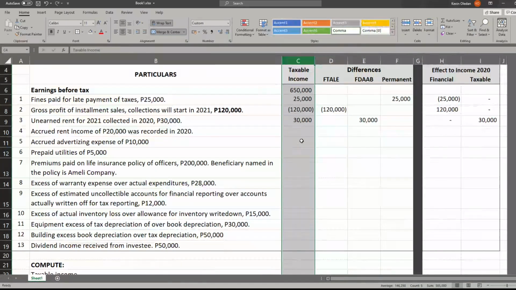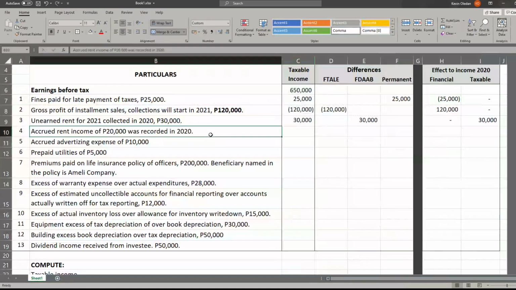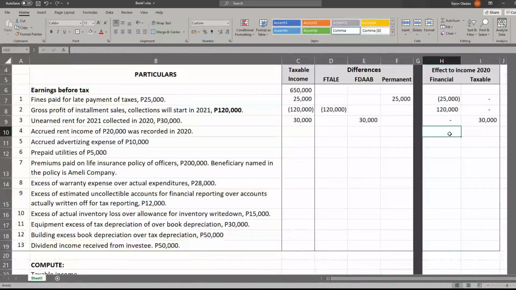Let's speed this up a little bit. Rent income, accrued rent income, 20,000 was recorded in 2020. Effect to financial income, accrued income siya. So you added 20,000 here. But it's accrued income, meaning there is no collection yet, which is why in taxation, there is nothing added.